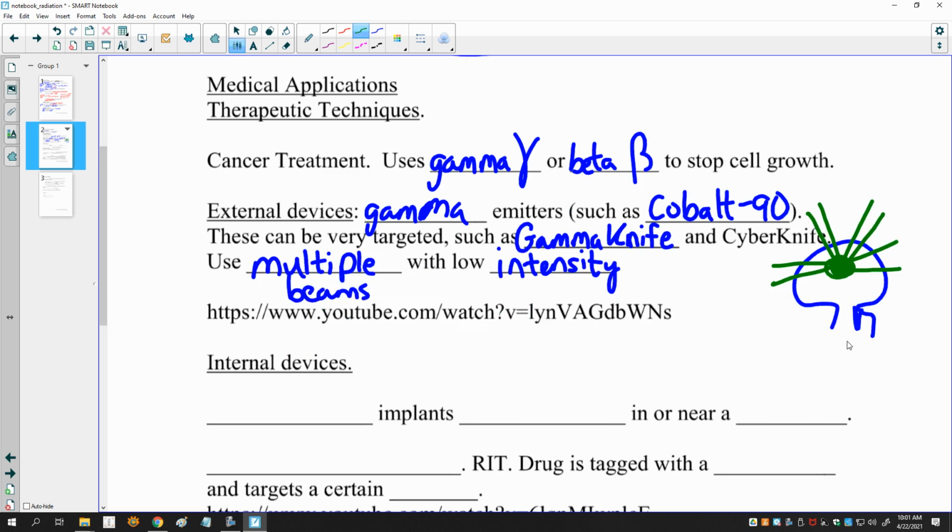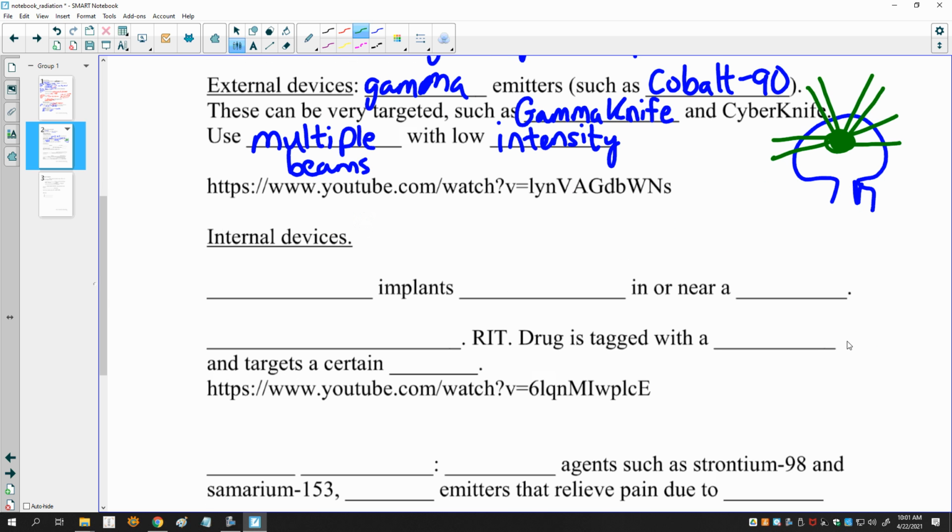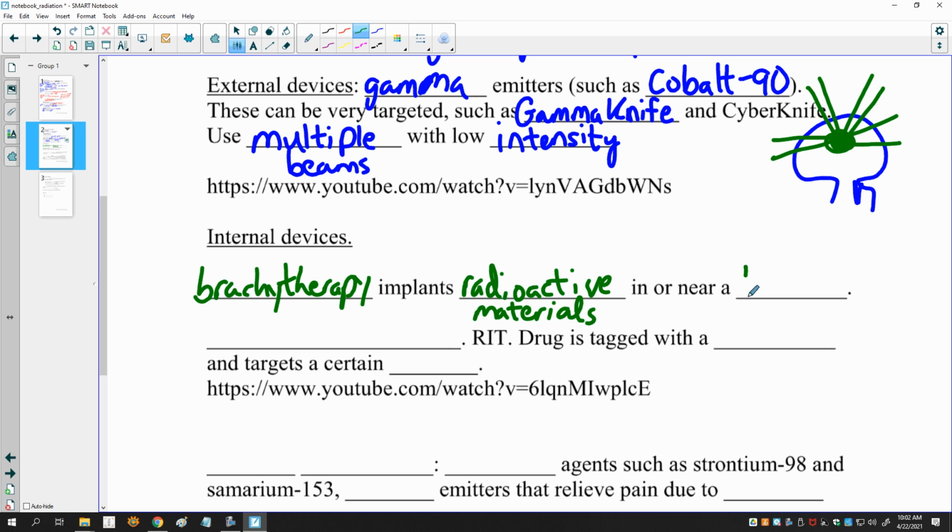There are also internal devices that you can use, brachytherapy, implants. Radioactive materials in the form of beads or small implants in or near a tumor.